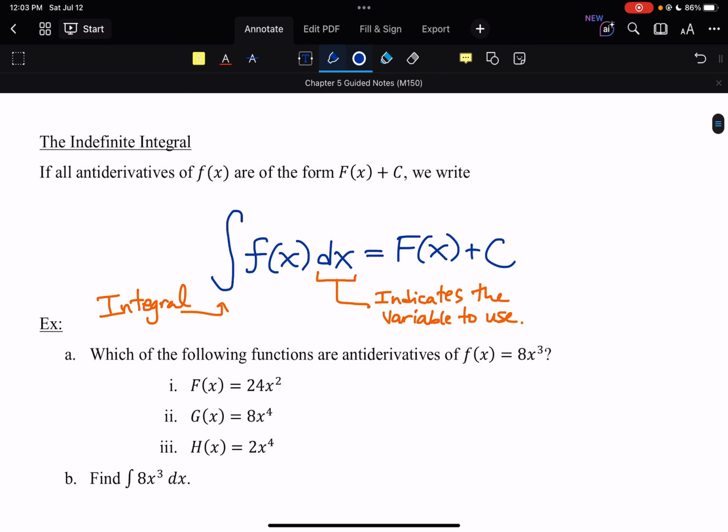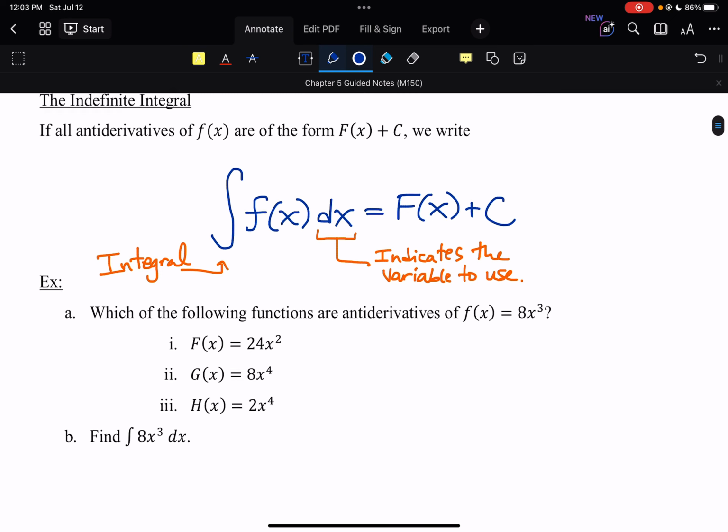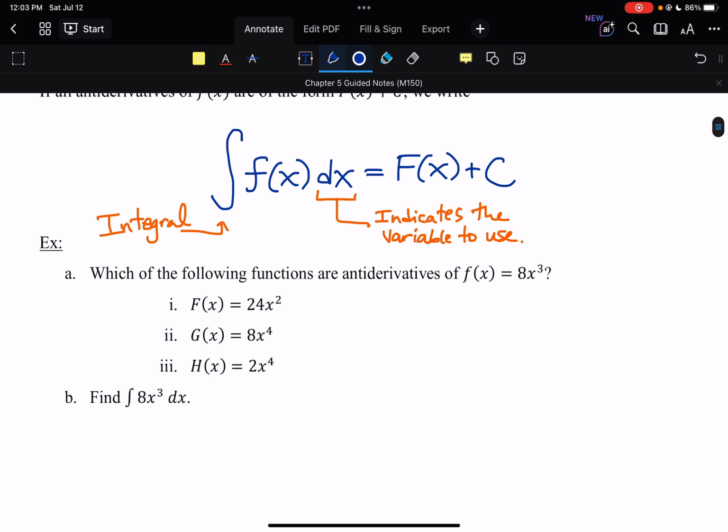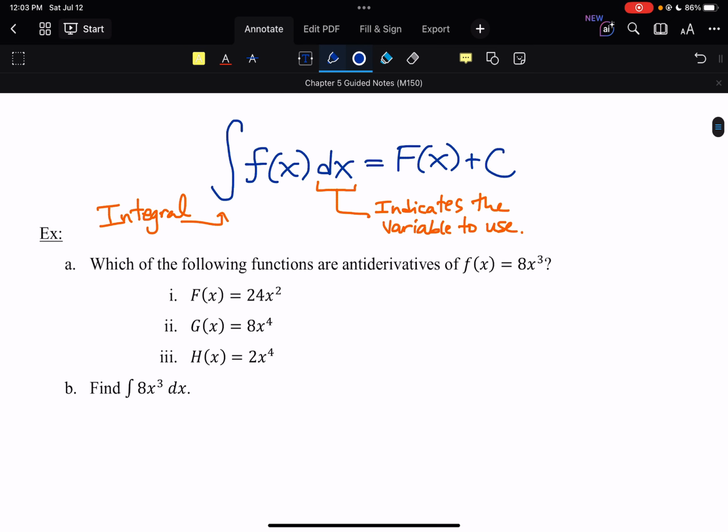So let's take a look at an example. Which of the following functions are antiderivatives of this function, 8x cubed? If we're looking for an antiderivative, this is the derivative of potentially one or more of these.